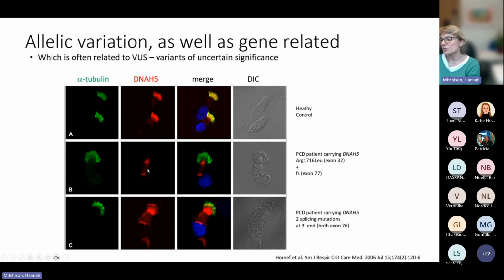Having something in the cell body, which is here, that's not unusual. But the main point here is that the protein is completely not able to assemble in the cilia. So we know that the missense mutation is effectively a null allele that's doing the same sort of job. Whereas here we have 2 splicing mutations in a patient, and actually quite a lot of DNAH5 is still retained in the cilia.